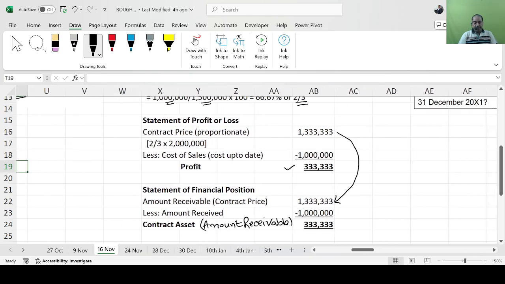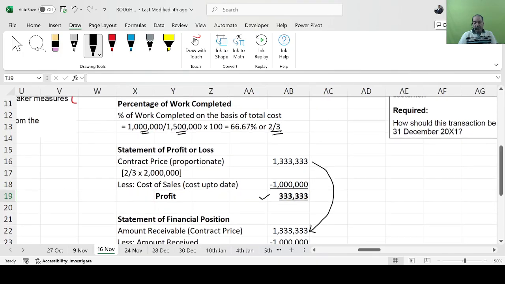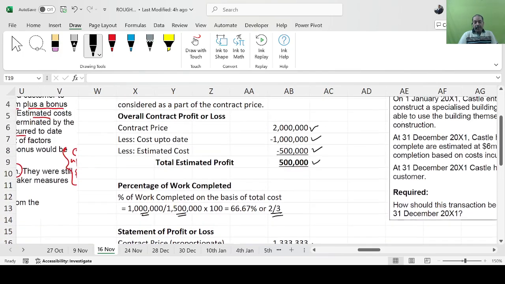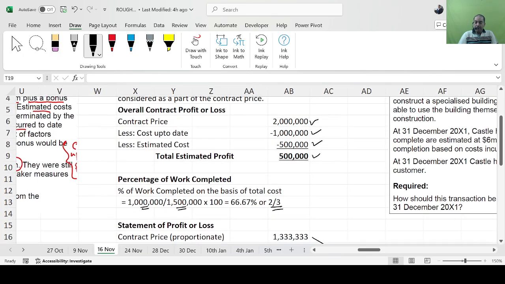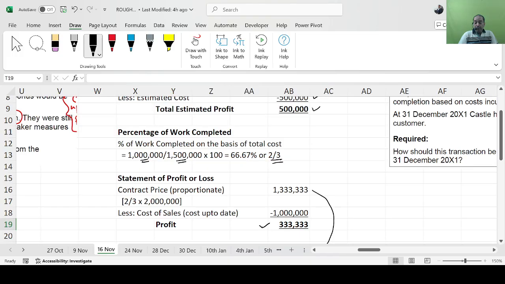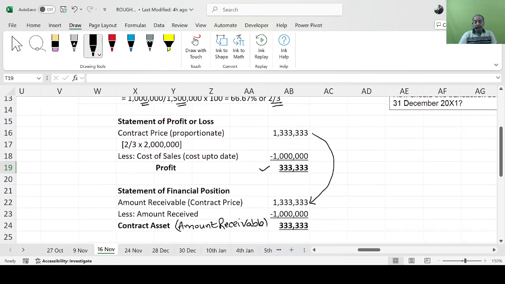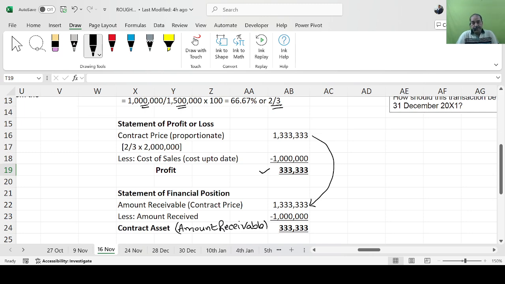Correct? I suppose this is clear. So we have gone stepwise. Step number 1, total profit. Step number 2, percentage of work completed. Step number 3, statement of profit or loss. And step number 4, statement of financial position. Clear?